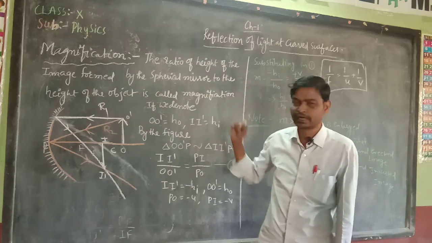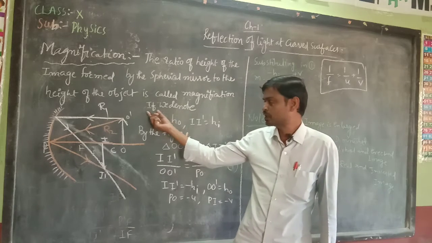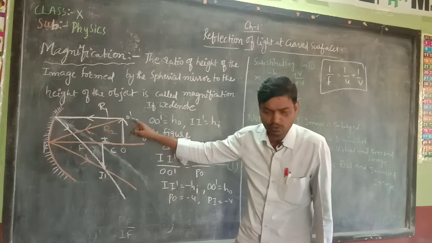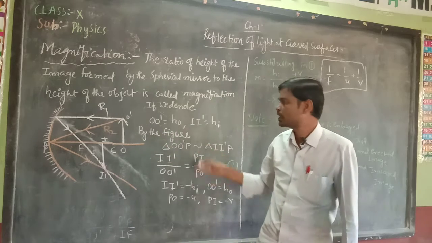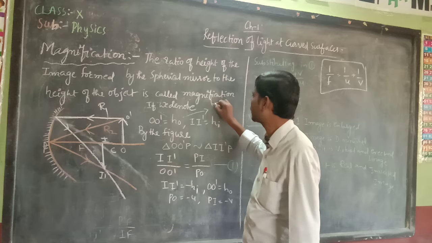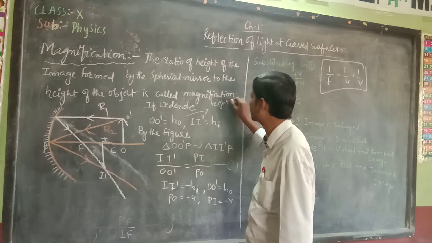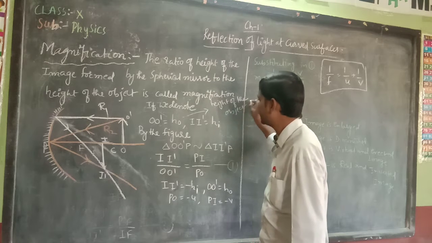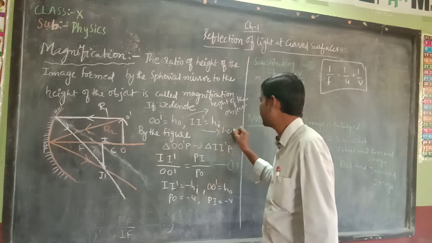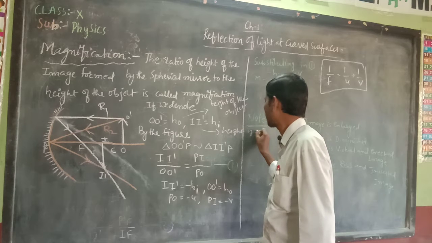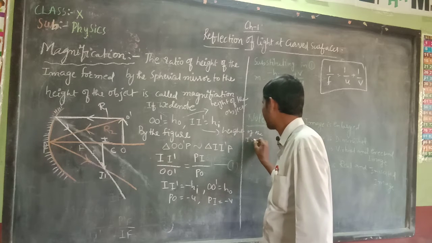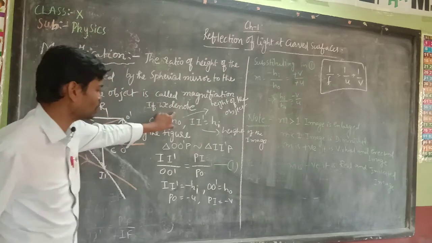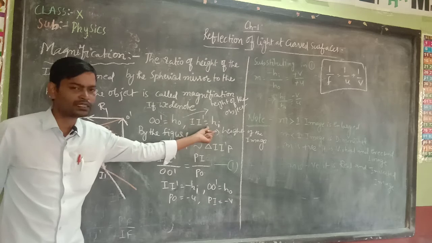So here I wrote, we denote O dash as HO, meaning height of the object, and I dash as HI, the height of the image.